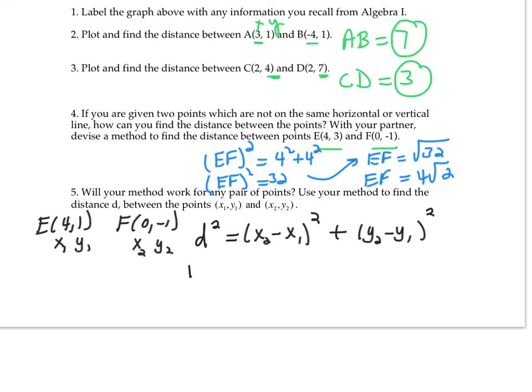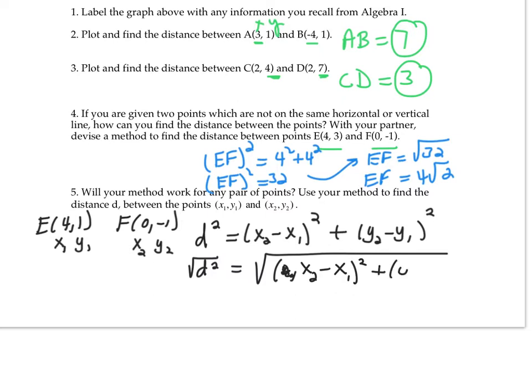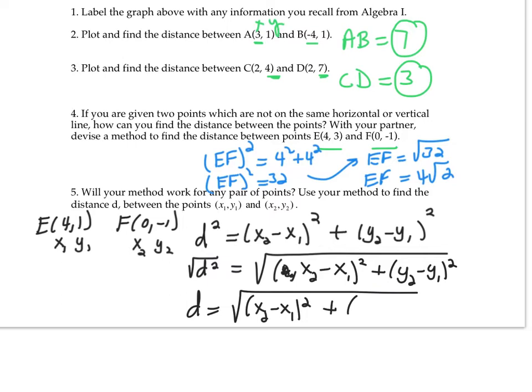If we then take the square root of both sides, so the square root of d squared equals the square root of that whole thing, x2 minus x1 quantity squared plus y2 minus y1 quantity squared. We end up with d equals the square root of x2 minus x1, so the change in your x values, quantity squared, plus y2 minus y1 squared.